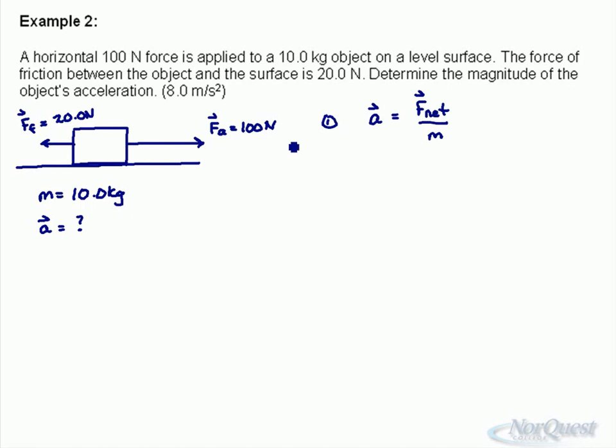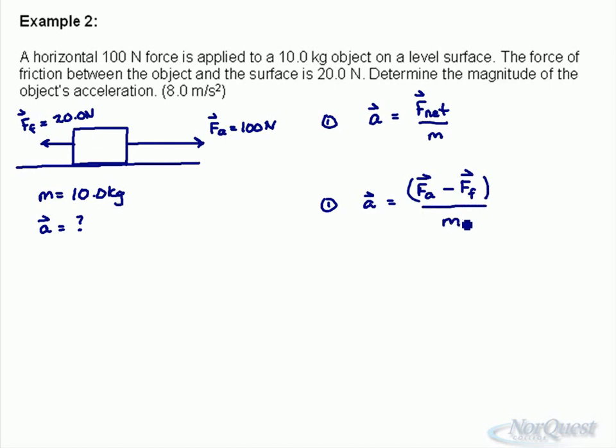So the net force in this case, and that's where the diagram really helps, is going to be our applied force, which is the larger force, subtract the force of friction, divide that by the mass of the object.